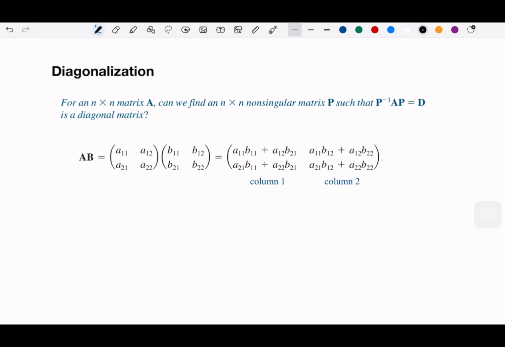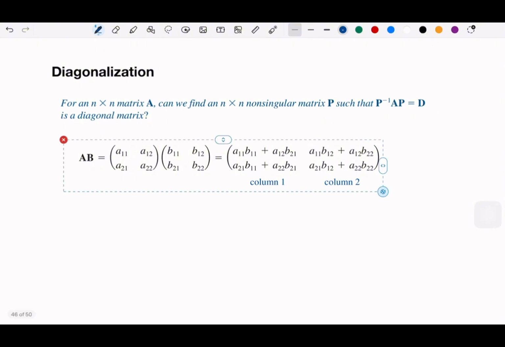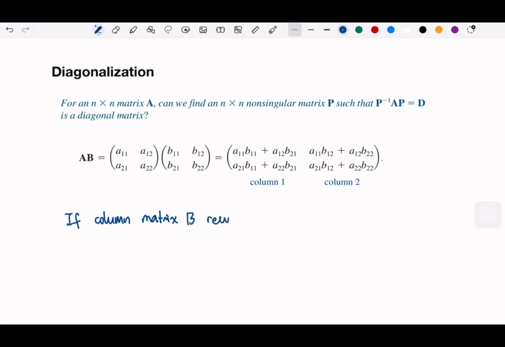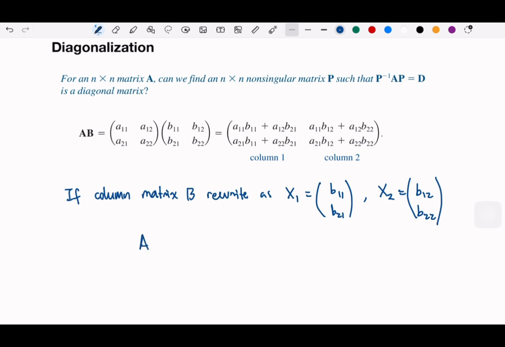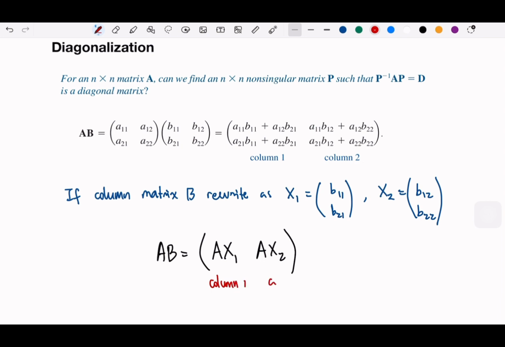Now, if we rewrite the columns of matrix B as vectors x1 and x2, then we can express the matrix AB as AX1 and AX2, which means that this will be column 1 and this will be column 2.